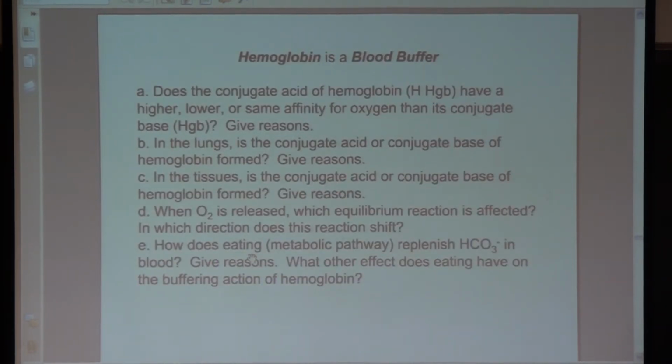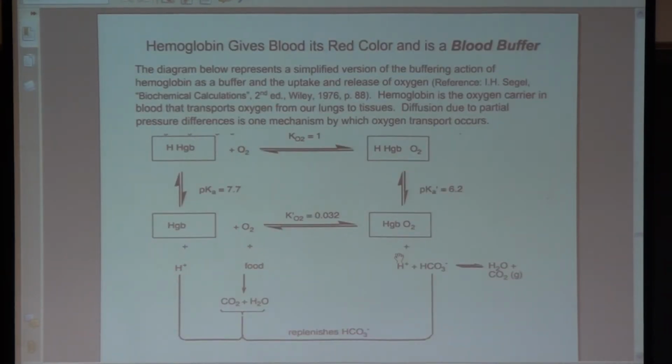And finally, how does eating replenish HCO3 minus in our blood? What other effect does eating have on the buffering action of hemoglobin? So what does eating do? Besides make you feel good, depending on what you eat. Yeah, so eating will produce CO2 and H2O.